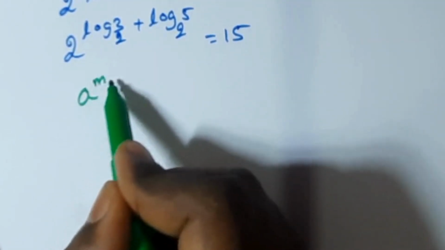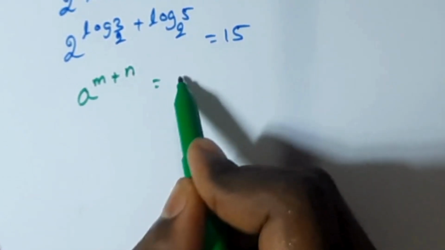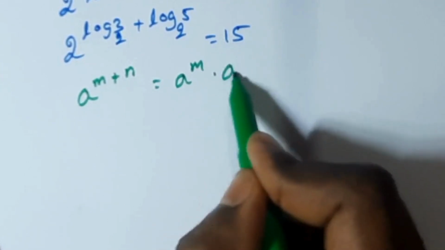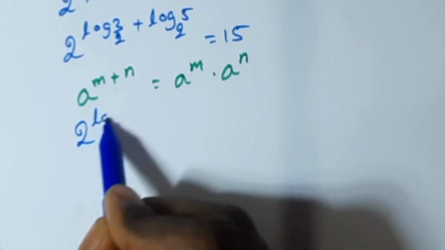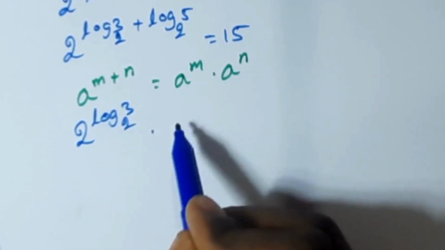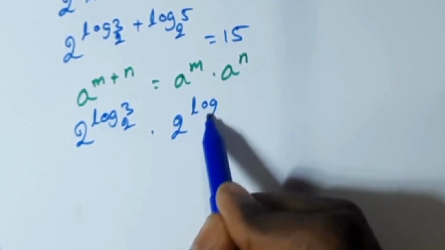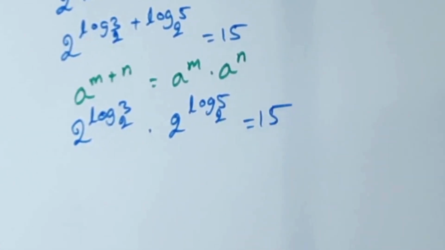A power m plus n equal to a power m into a power n. 2 power log 3 base 2 into 2 power log 5 base 2 equal to 15.